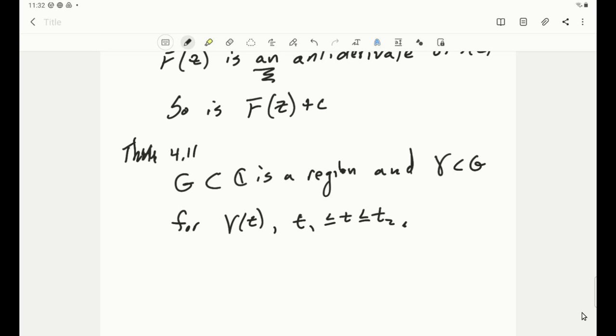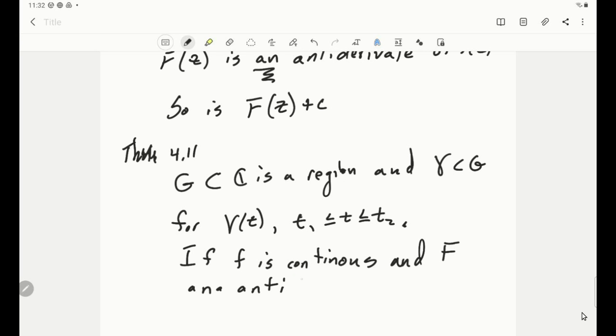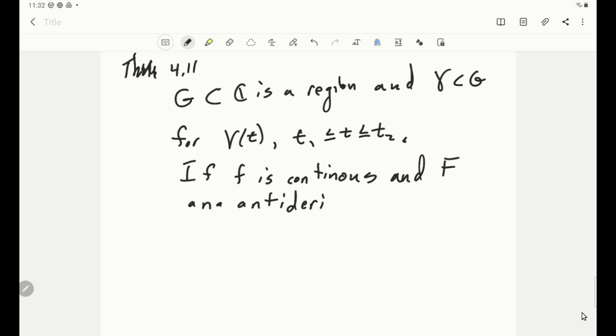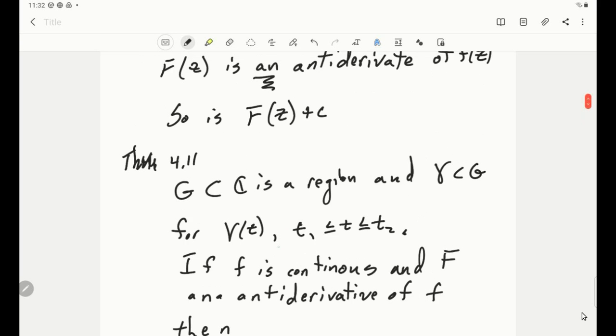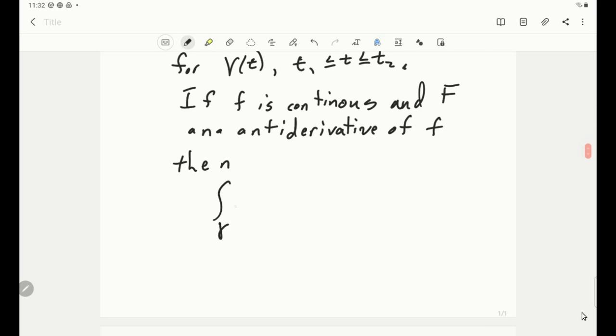So if we have that, if f is continuous, and F a derivative of f, then the integral over gamma of f, which we would write usually as the, well, I'm not going to write that.